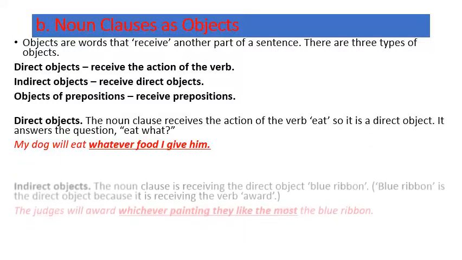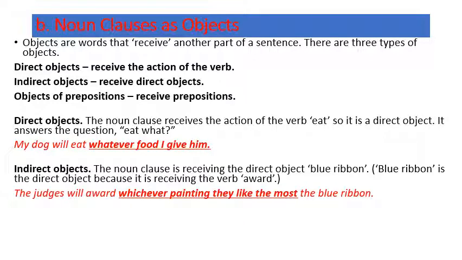The other sentence: the judges will award the blue ribbon. You remember that the indirect object is the one who receives the direct object. The blue ribbon, to whom is it going to be given? It's going to be given to whichever painting they like the most. This is the indirect object, a noun clause in the position of indirect object.